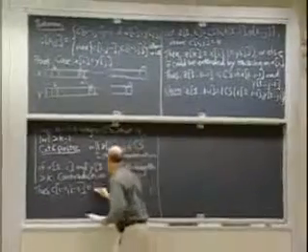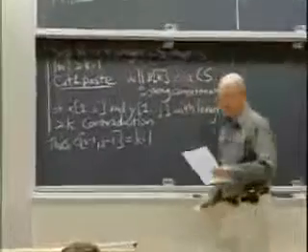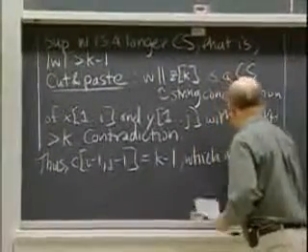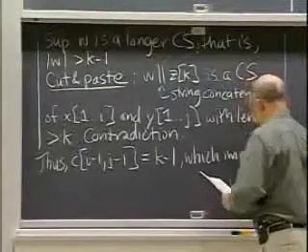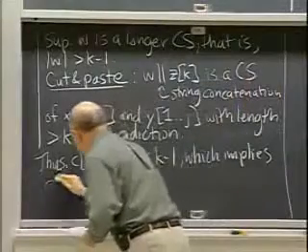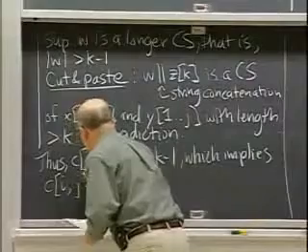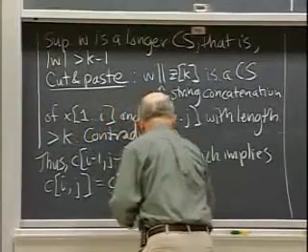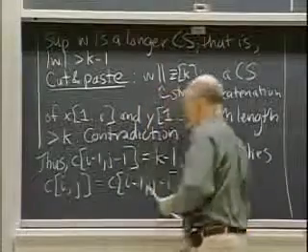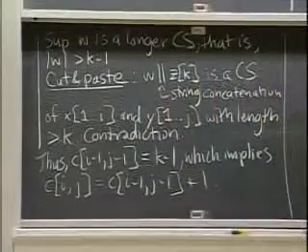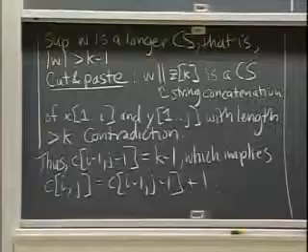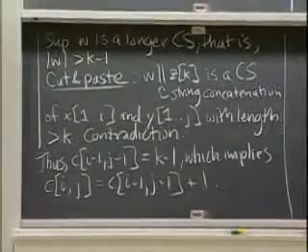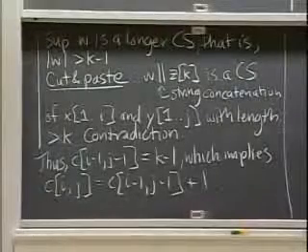K minus 1. Thank you. Which implies that C of i, j is just equal to C of i minus 1, j minus 1 plus 1. Okay? So it's fairly straightforward if you think about what's going on there.